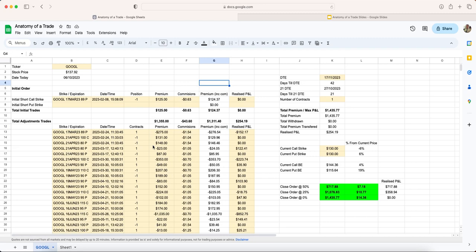From there, the price started to go against me and my put got tested. So I decided to open up a call to make the position into a strangle. The reason you want to do this when your put side gets tested is really for two reasons.